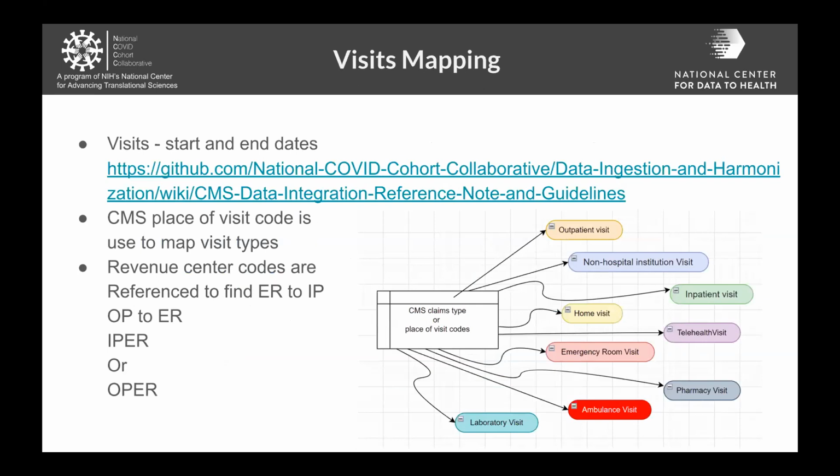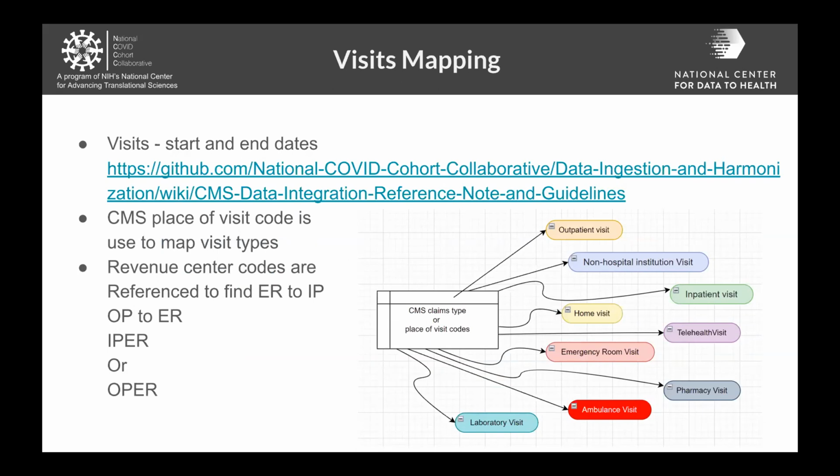So when we map the visits, it's based on the dates of the claim, but also based on revenue center code. The visit can be associated with either inpatient, outpatient, home visit, emergency room, televisit, pharmacy, ambulance.